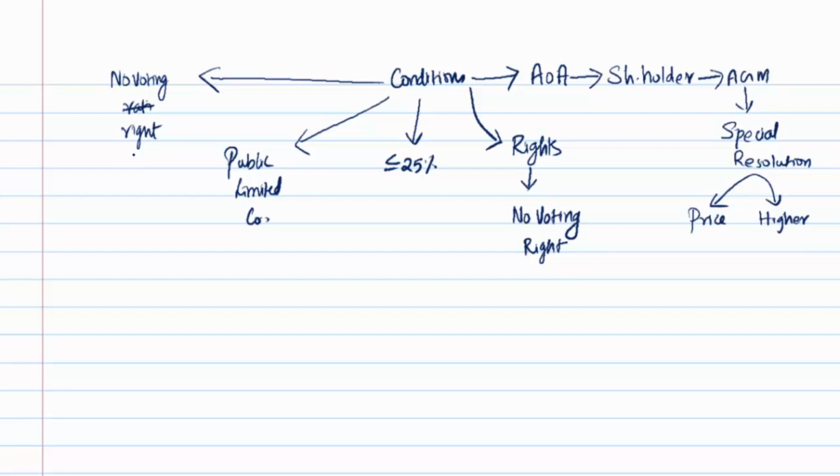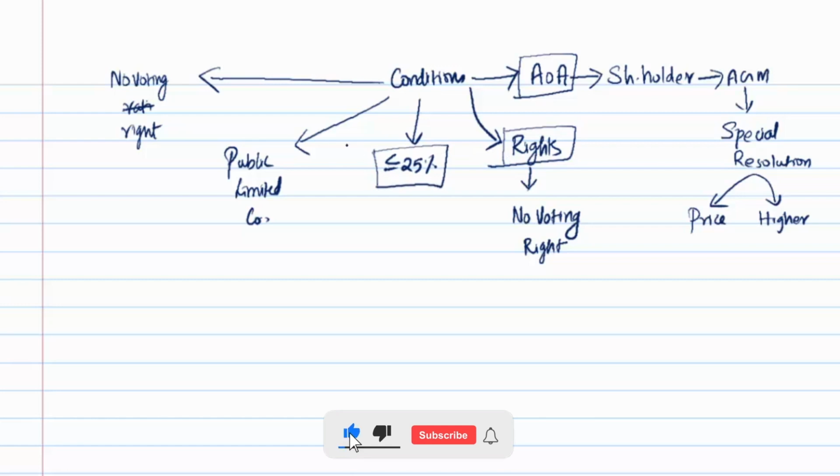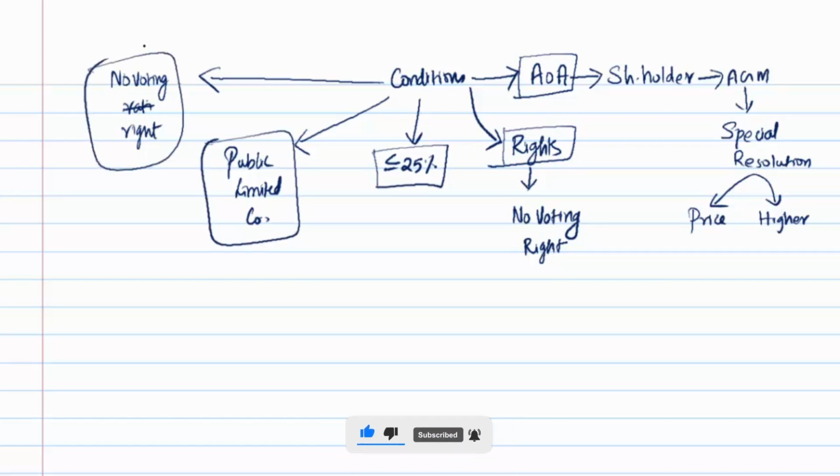So understand, there are basically five conditions. One, with respect to authorization and approval. Number two, what are the rights? Number three, what is the quantum? Number four, who can issue? Number five, about the conversion. So this is about equity shares with differential voting rights, or put it rightly, this is about non-voting shares.